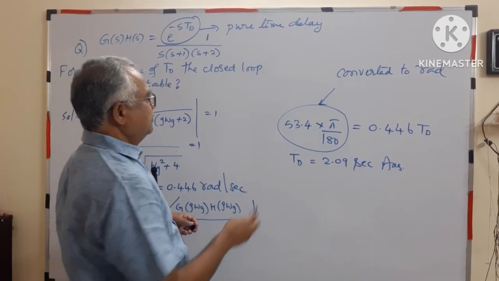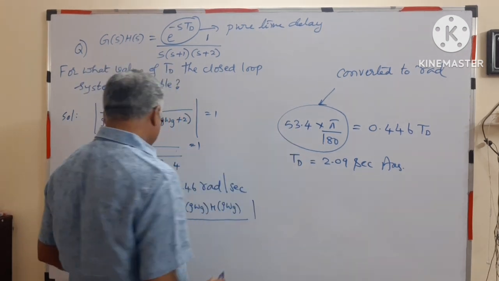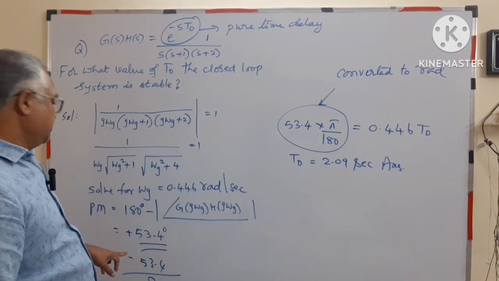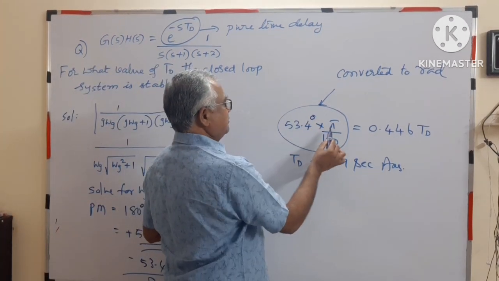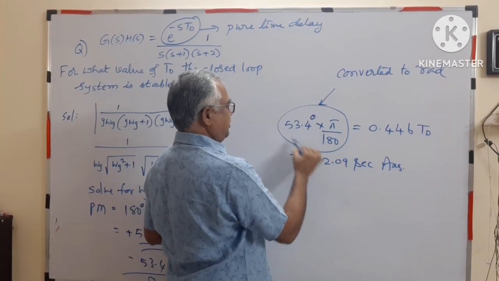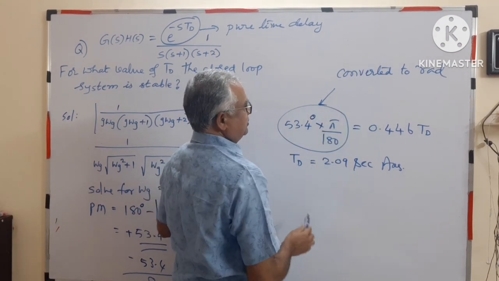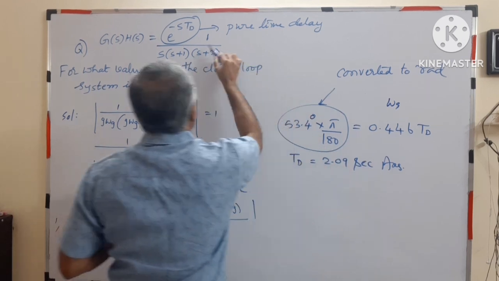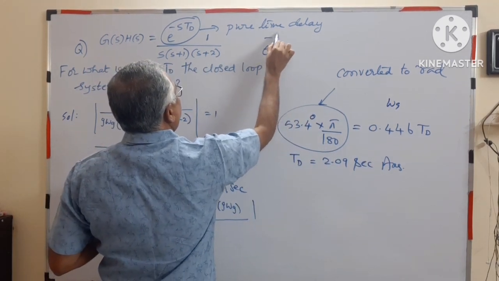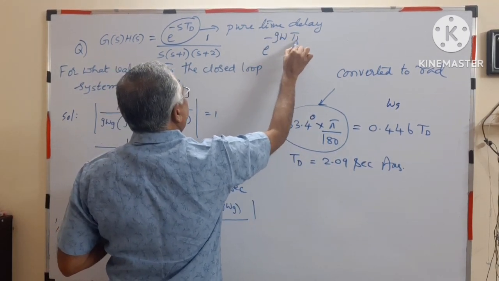So that's why 53.4 is what? Radians. 53.4 is in degrees. This degree multiplied by pi by 180 becomes radians. So this is also omega g. What is this term? E power minus j omega Td.